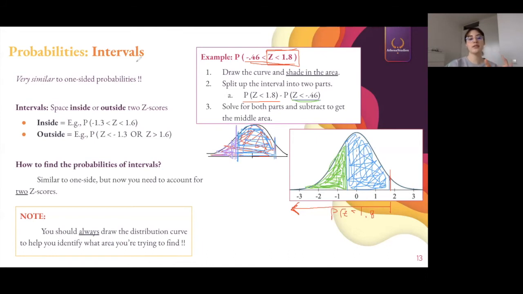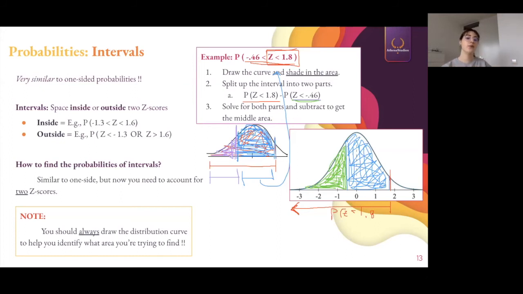So the way we solve this type of problem is we say the probability that z is less than 1.8 minus the probability that z is less than negative 0.46. If we take this red minus this purple, we're left over with the blue part that is our interval. That equals the probability of just our interval. So we take the rightmost part, z less than 1.8, and subtract the left side, z less than negative 0.46, and we're left over with the area that we need.